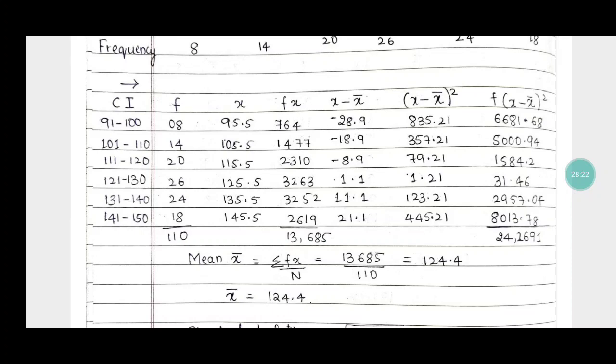Second, that is 14 into 357.21. So we'll get the answer 5000.94. This is how we're going to continue, with the last being 8013.78, and we're going to add all this.